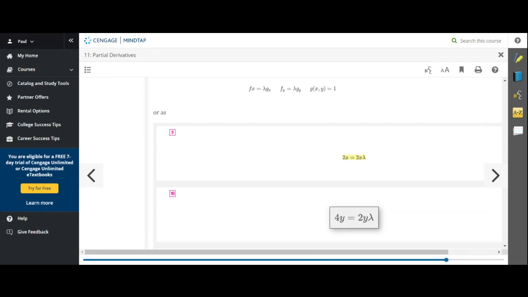You come up with these two equations, and based off that, you can solve. Let's just finish this one.